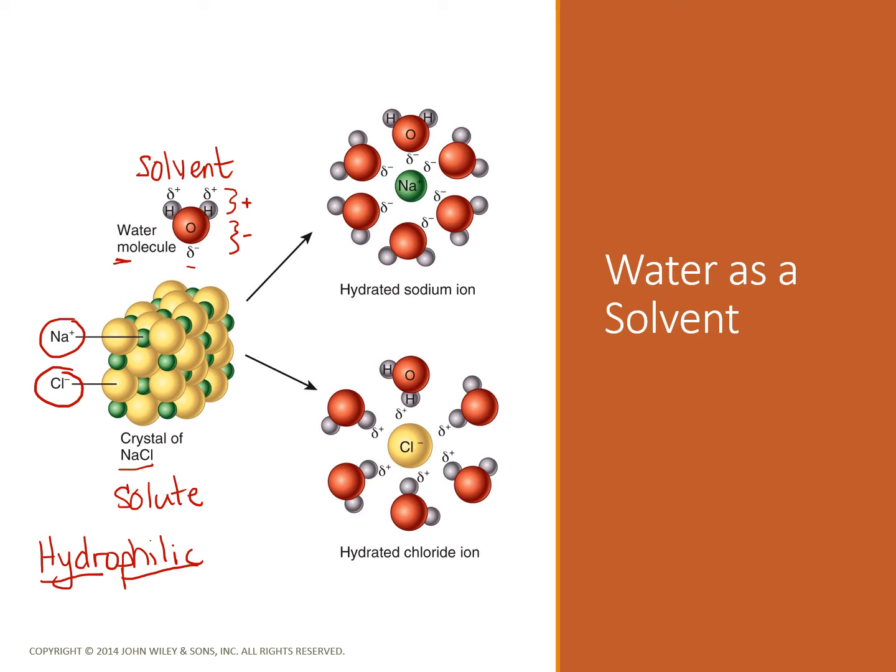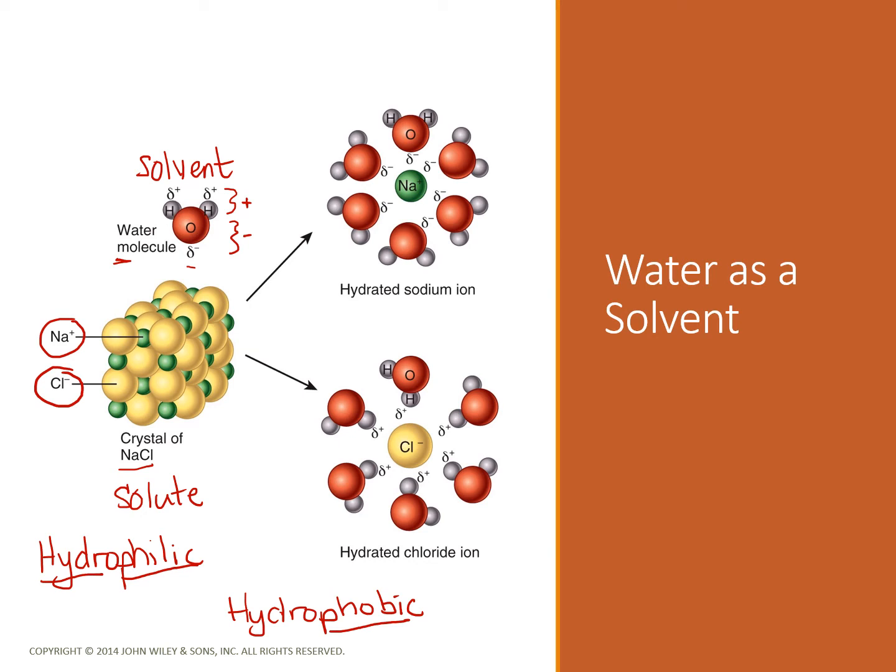Molecules that contain mainly non-polar covalent bonds, these are going to be hydrophobic. And this means that they fear or they hate water. Hydrophobic, just like phobias. Phobic means fear or hatred of. So these compounds that have non-polar bonds, these are not going to be very water soluble at all.